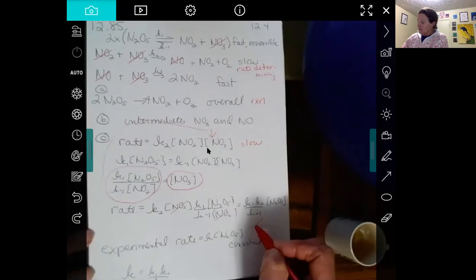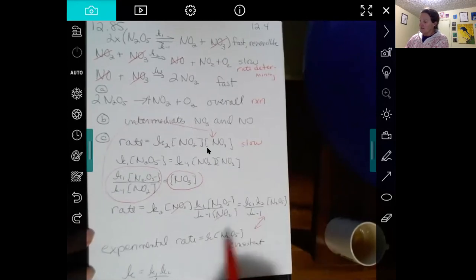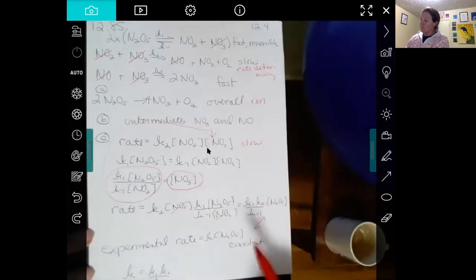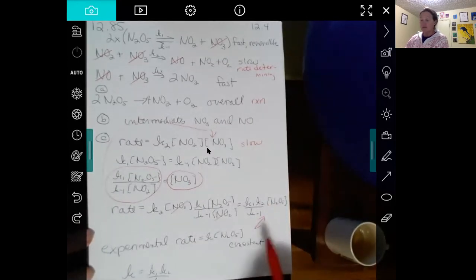Therefore, it is consistent. The theoretical rate law that comes from this mechanism shows that my reaction is first order with respect to N2O5, and so did the experiment.